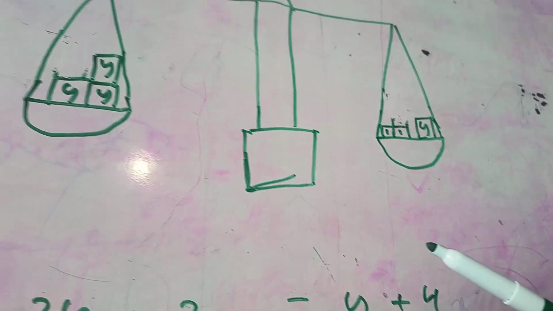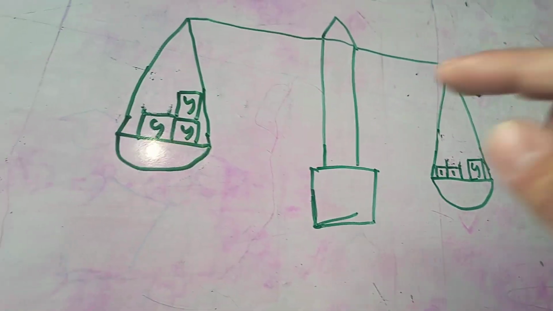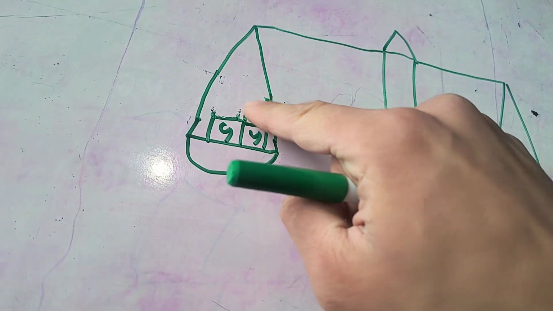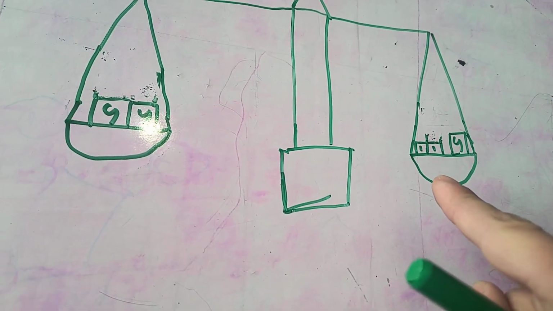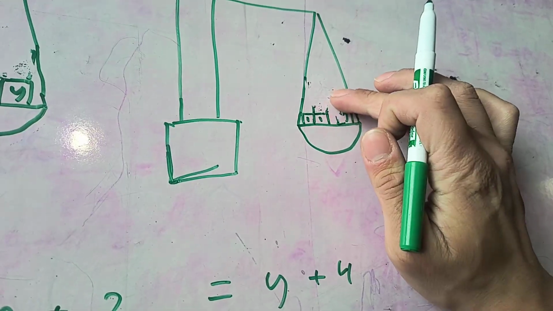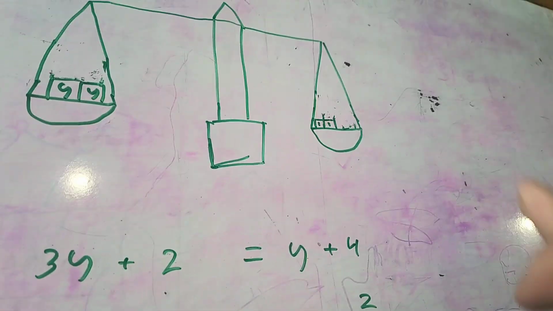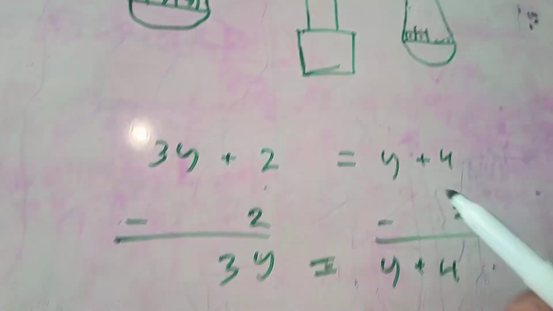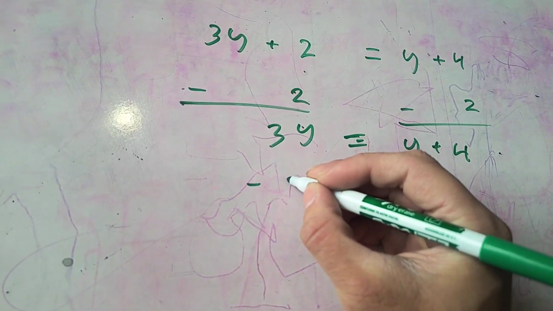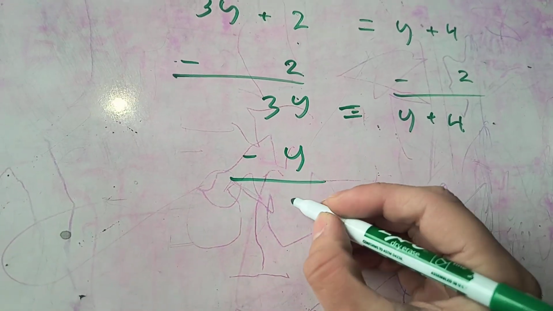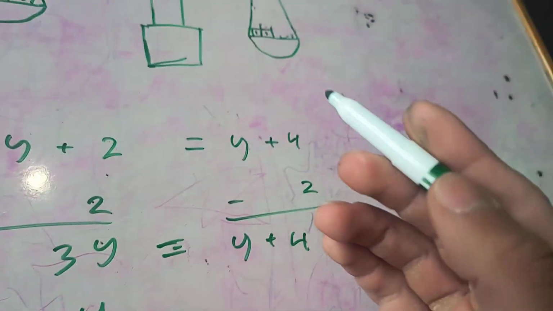Okay. Now what we can try to do is just remove one of these y's on this side. If we remove one of these y's on this side, then this side will become heavier, but not unless we remove this one. So we got to do the same thing to both sides so they can stay equal. So we remove one y from right here and one y from right here. So now we subtracted 1y, and this becomes 2y, because now we only have 2 y's right there.